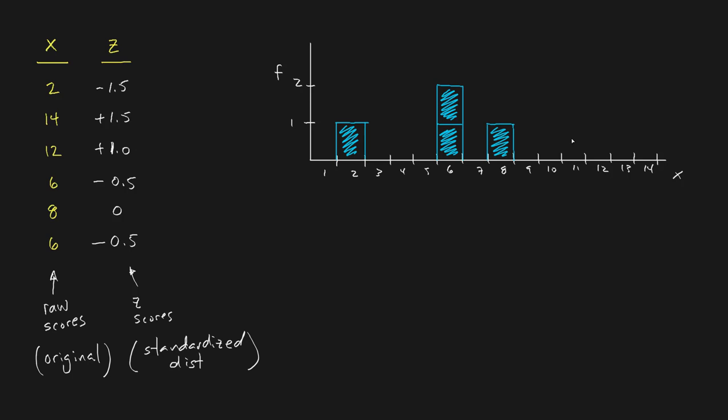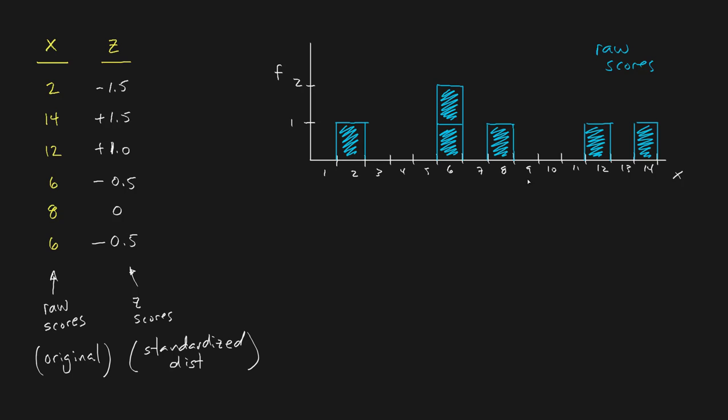And there's a 12 and a 14. Okay, so this is my original distribution. These are my raw scores. So you can see what the general shape is here, and now we can compare that to our standardized scores.